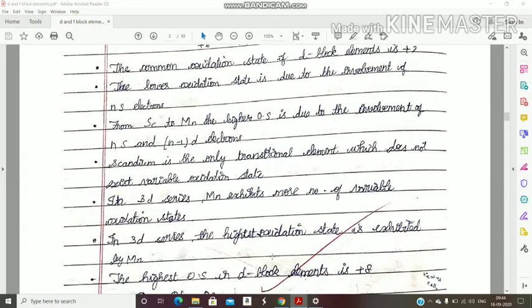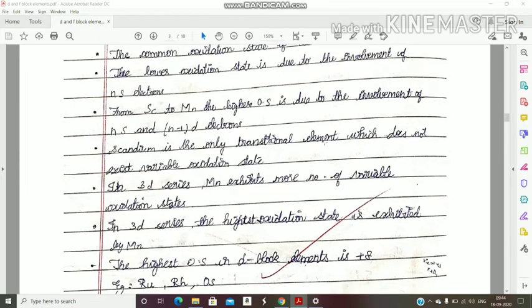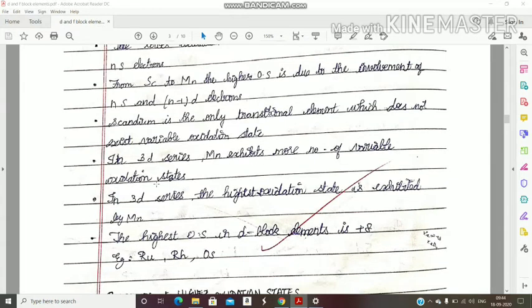Next, scandium is the only transition element which does not exhibit variable oxidation state. I discussed this already. Next, in 3d series, manganese exhibits more number of variable oxidation states. You just remember this point.